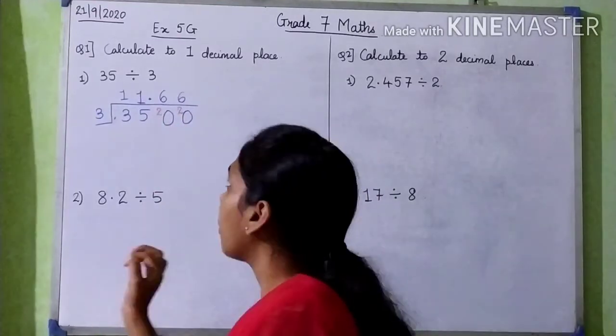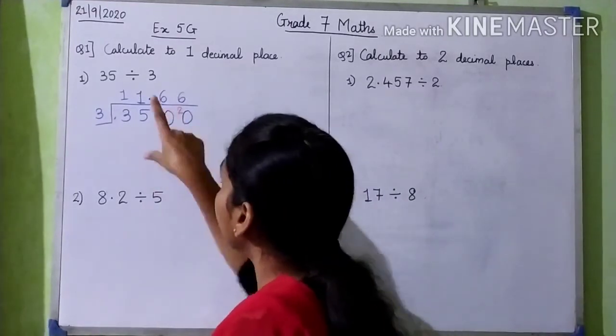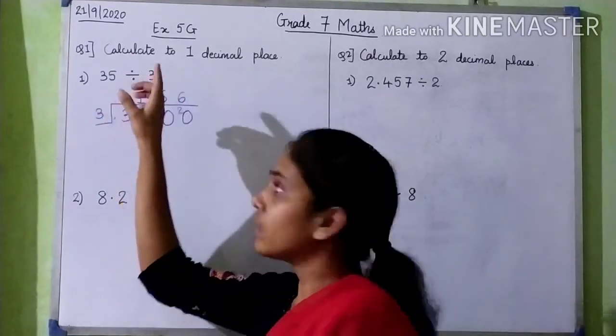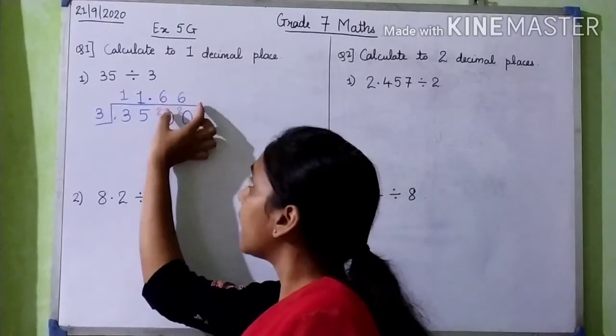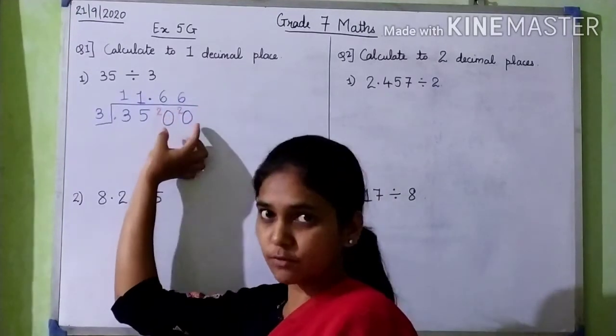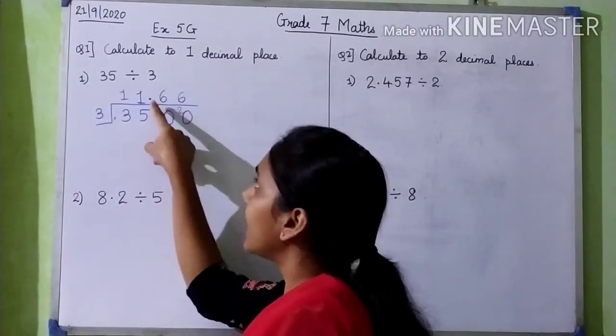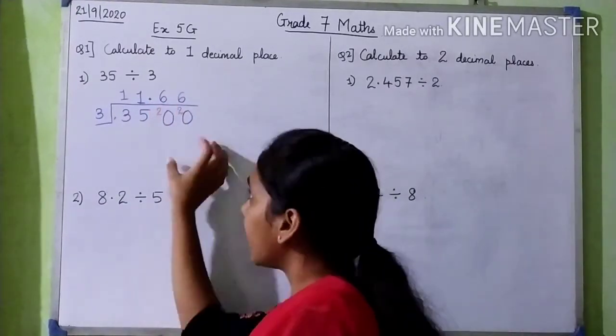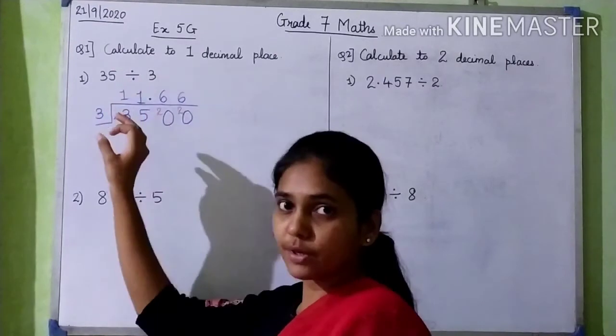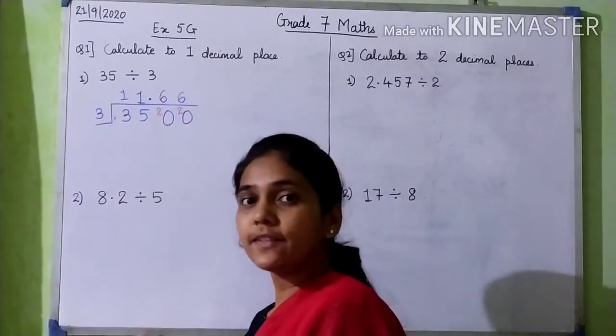Now, if you have to write the number to one decimal place, you have to calculate it for two decimal places first. That means you have to find at least 2 digits after the decimal point, and then we round off the number to one decimal place and write the answer.